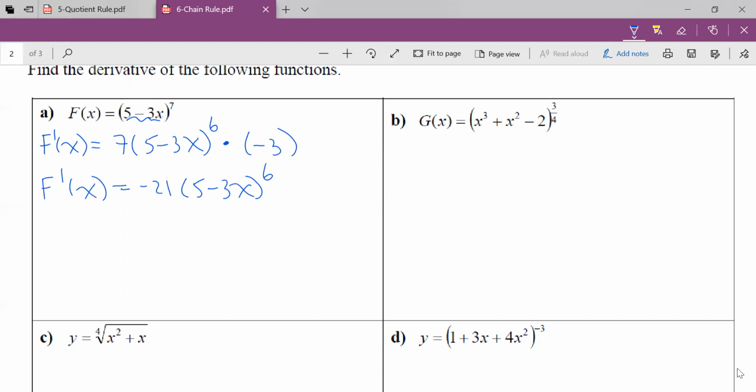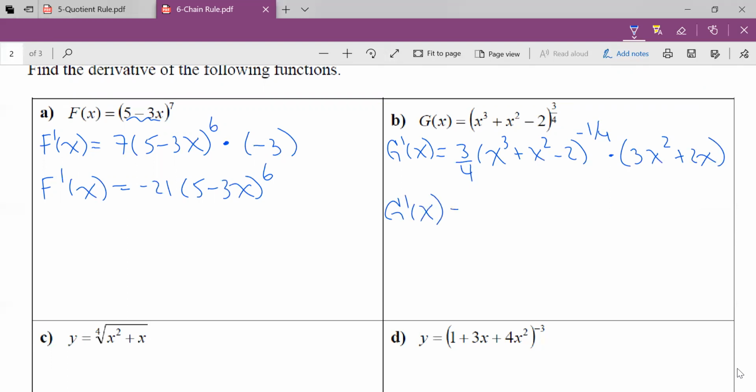Let's try another one here, b. So g prime at x, the outside function is the exponent. So 3/4 x cubed plus x squared minus 2. Okay, subtract 1 from your exponent. So now we're at -1/4 multiplied by the derivative of the inside, 3x squared plus 2x. Now, let's do some simplification from here. So capital G prime at x, well, in our numerator, we're going to have 3x squared plus 2x.